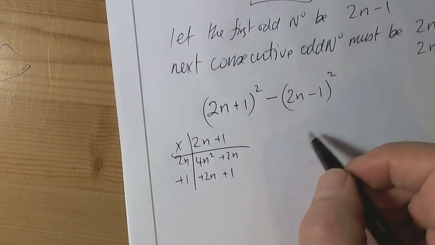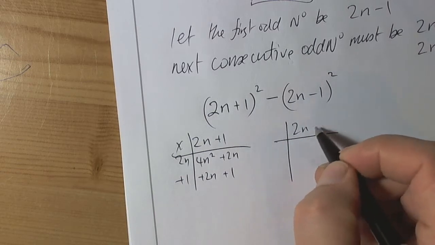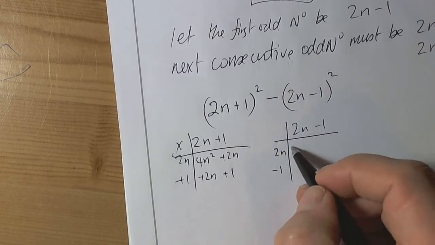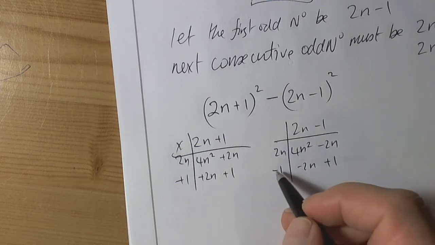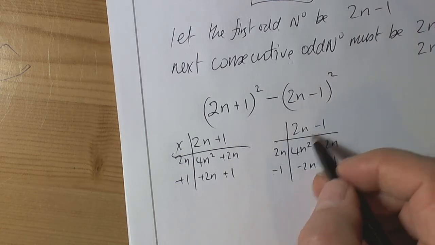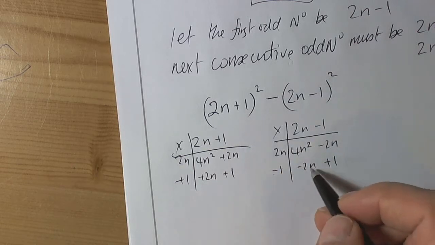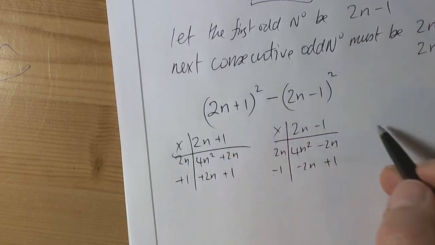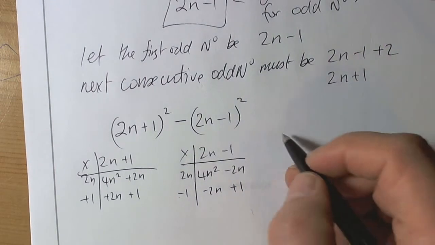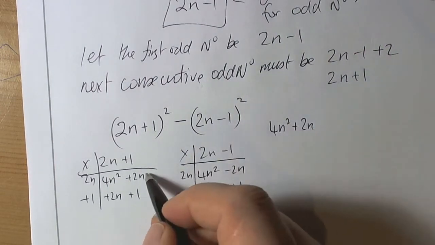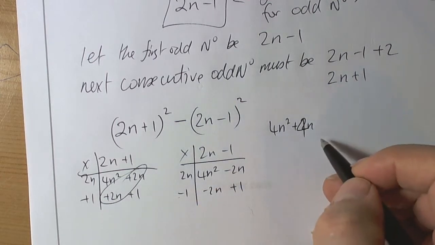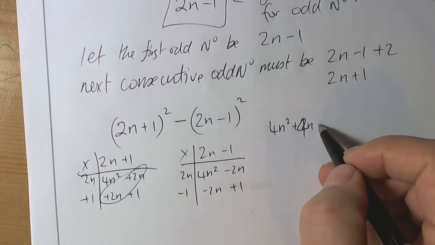And then from this one, 4n squared, take away 2n, take away 2n, plus 1, because minus 1 times minus 1 multiplied together gives positive 1. So this comes down to 4n squared plus 4n plus 1.